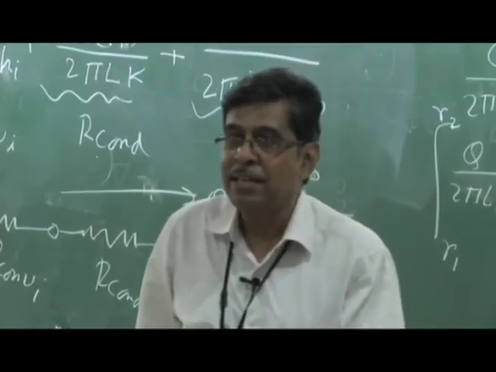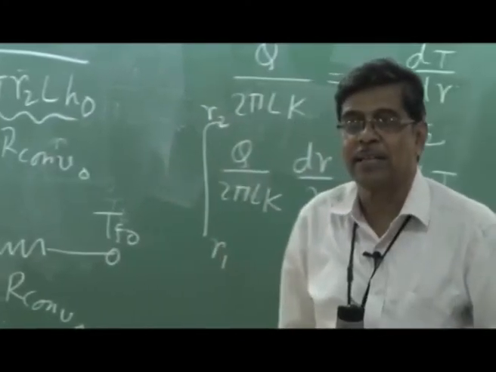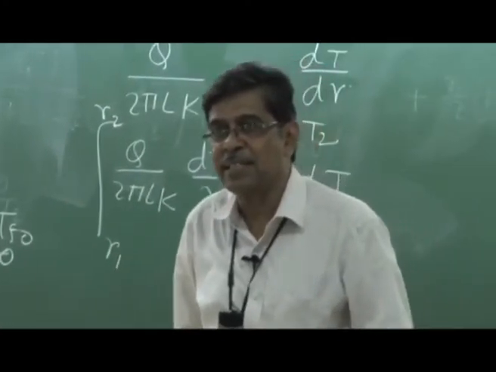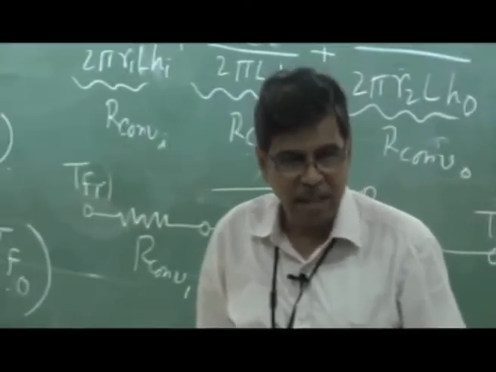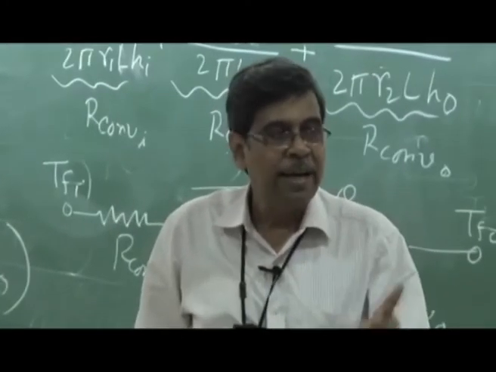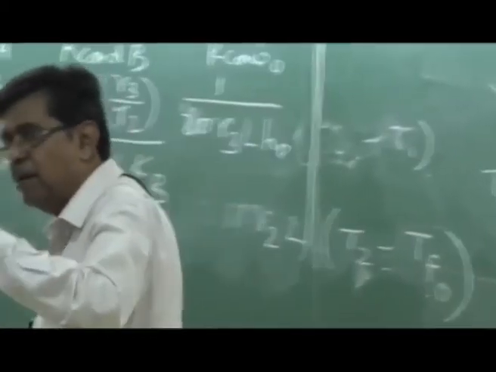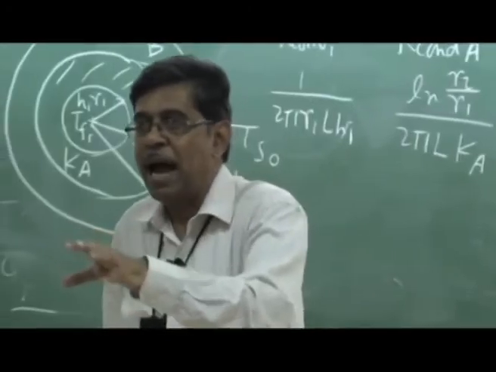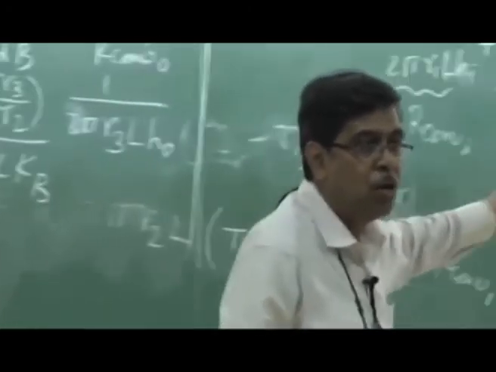Ironically, you will see that you are increasing the heat loss, because there are two contradicting things. Conduction resistance increased, but convection resistance decreased. Clear? So with this clue, next class I will tell you the critical thickness of insulation and the expression for heat transfer in a cylindrical wall with heat generation.